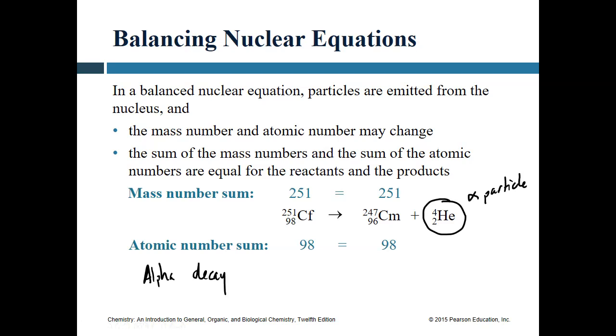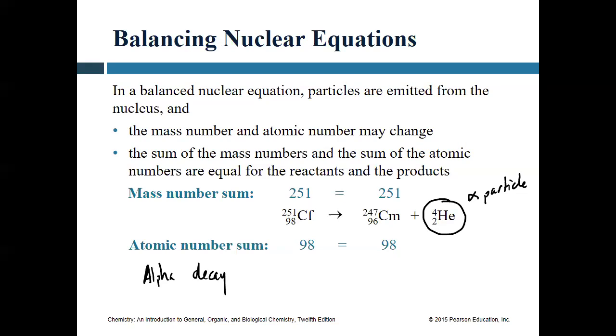But in this alpha decay, not only are we changing the mass number and the atomic number, we're going to get a new element out of this as well. How do we identify that new element? This is where our knowledge of atomic number comes in. If two of those protons that were in californium are now in the alpha particle, that means there are only 96 protons left.